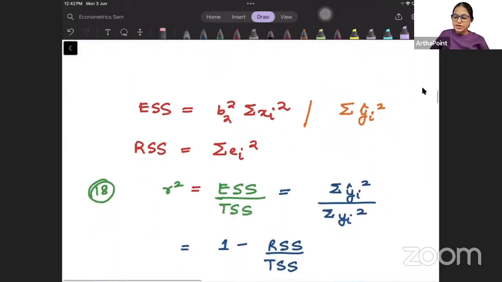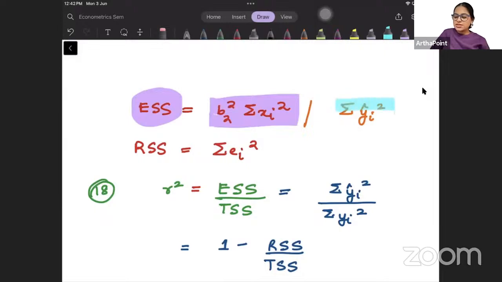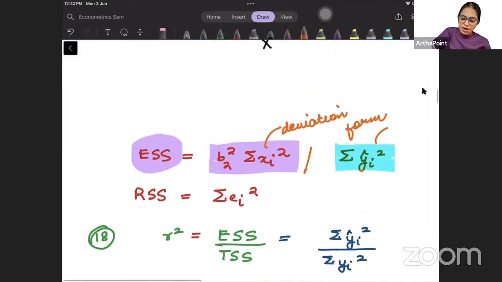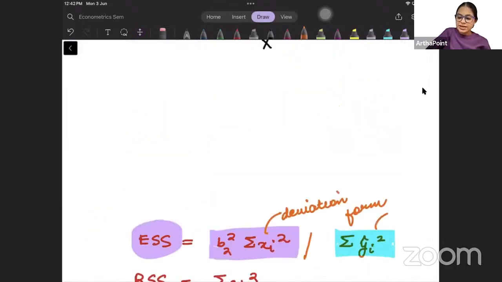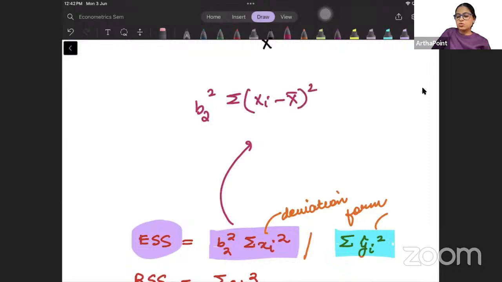Similarly, the explained sum of square has two formulas. It can be written as b2 square summation xi square, and it can also be written as summation yi hat square. These are all in deviation form, beta, remember. So when I am writing the explained sum of square, this is nothing but b2 square summation xi minus x bar whole square.